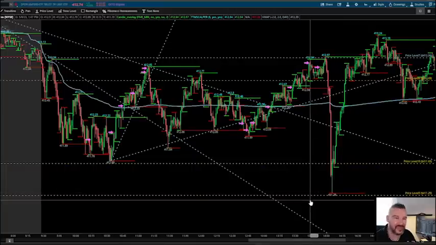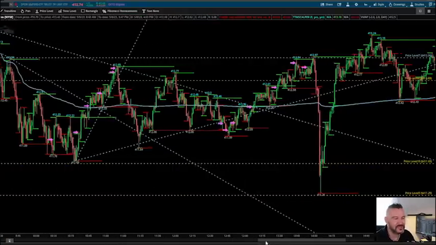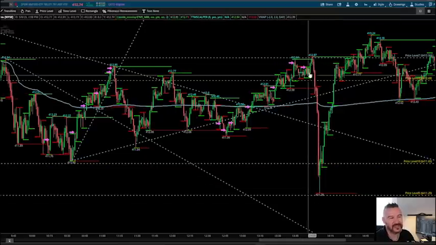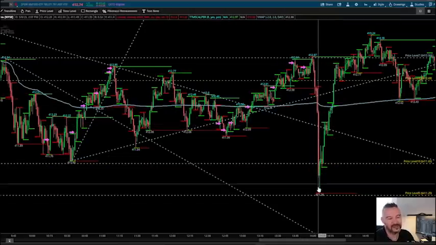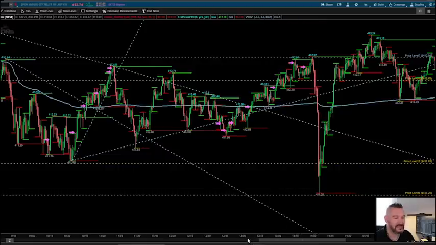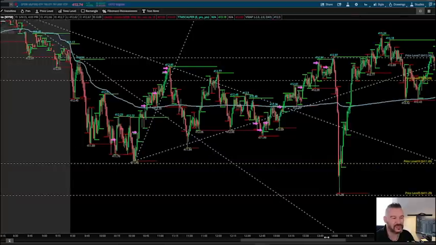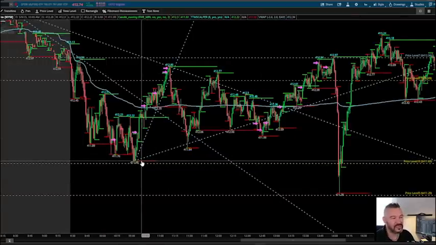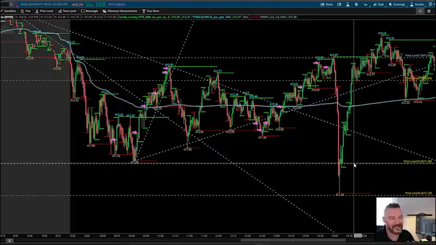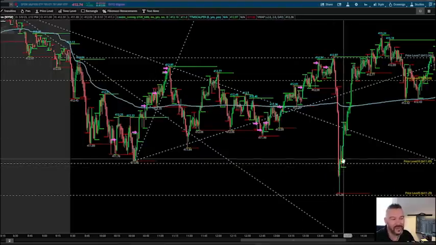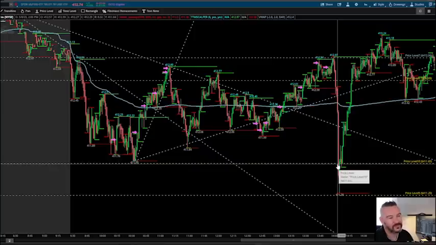It could be explained, but I just don't see the reasoning why you entered as it's still flushing down, right? Because this is basically you trying to catch a falling knife, and it already broke the low of the day on high volume. At that moment, why would you enter here? Well, it is what it is.